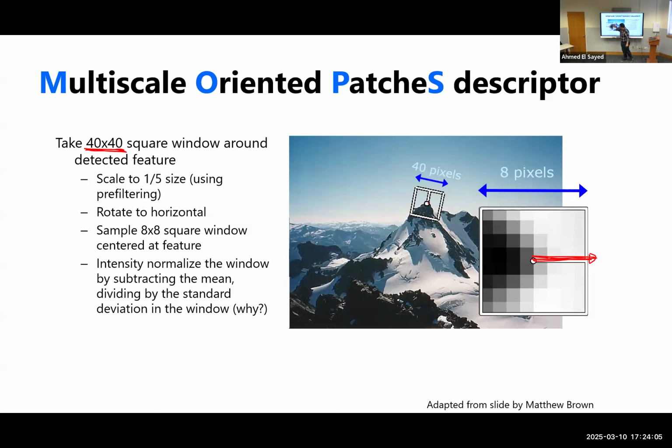So this should be 40 by 40. Yes, it's not 40 by 40 here, it's just an illustrative version, but we are working with 40 by 40 around this point. Okay? Then we will scale it down to 1/5, which is this version. 1/5 of the 40 equals what? 8. So this is 8 pixels, and this is 8 pixels.